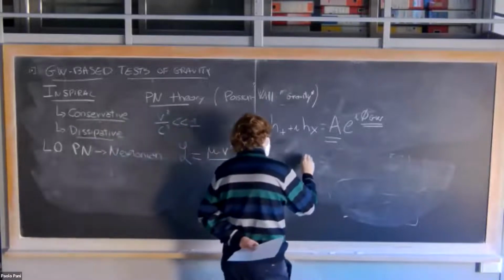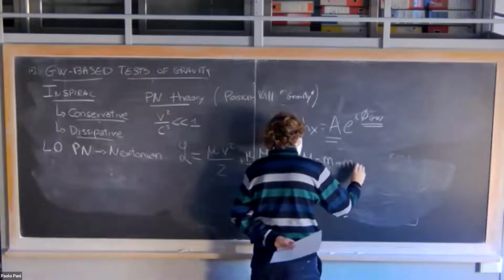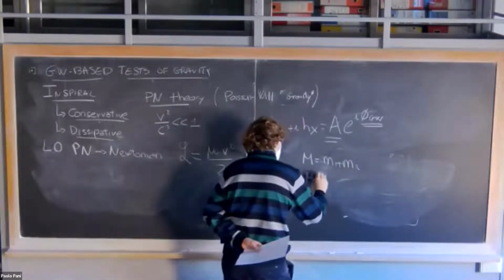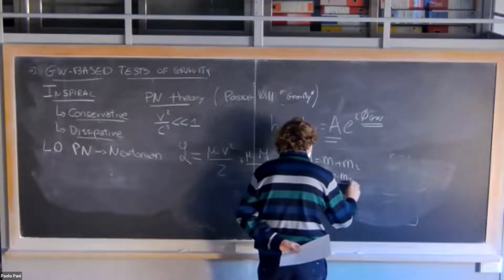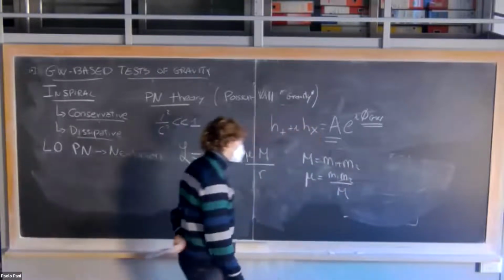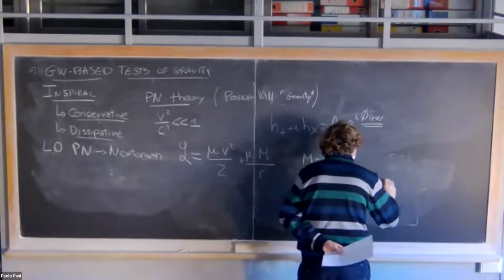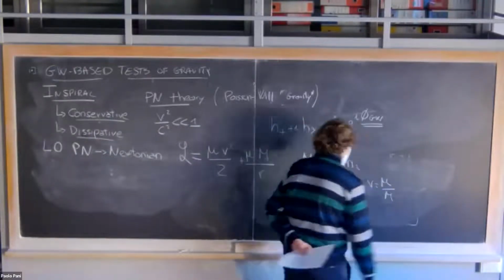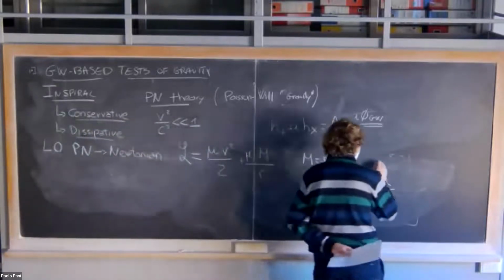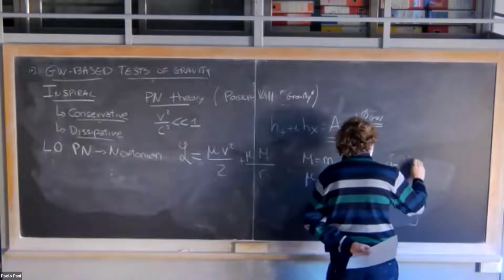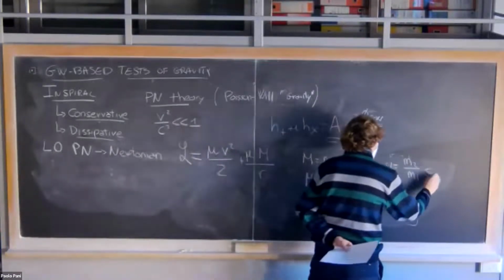So let me write some notation. Capital M here will be the total mass of the system, and mu is the reduced mass, so it's M1 M2 divided by M. And later on, I will also introduce nu, which is mu divided by M, the symmetric mass ratio. And we can also define the mass ratio q, M2 divided by M1, and it is smaller than one.